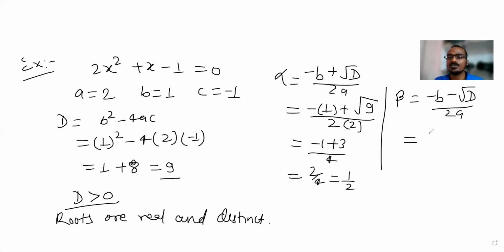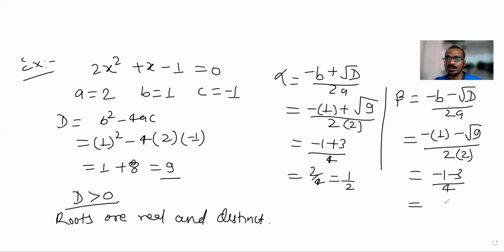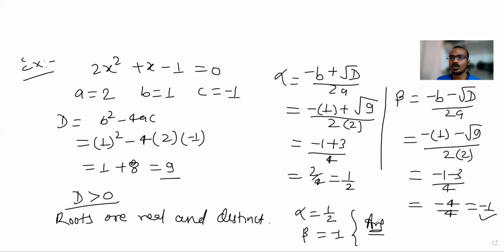Put all the values. Minus 1 minus under root 9, by 2 into a, 2. Minus 1 minus 3 by 4. This will become minus 4 by 4, is equal to minus 1. Hence the roots are alpha equal to half and beta equal to minus 1. Any problem, guys? No problem. Very good.